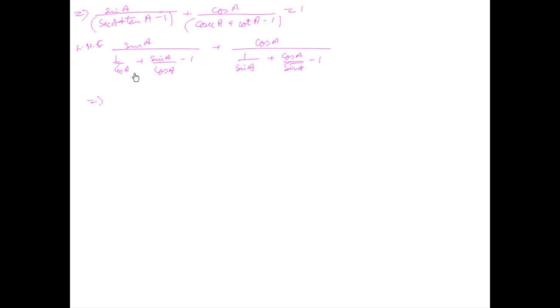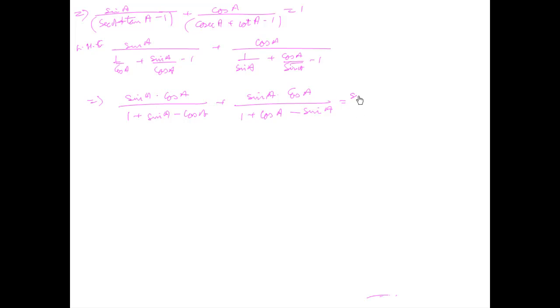Which gives us, children, we take LCM as cos A and bring it up. So we get sin of A into cos of A upon 1 plus sin of A minus cos of A. Plus, again here, children, we get sin of A, cos of A. Taking the LCM as sin A, 1 plus cos of A minus sin of A, children. So now, children, again we'll have to simplify this.